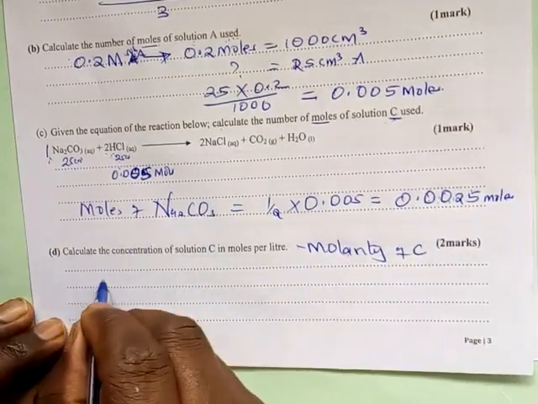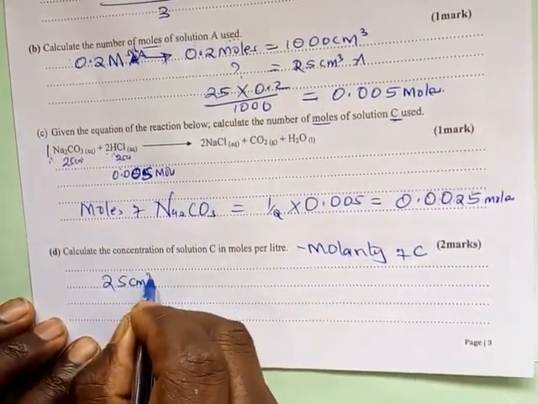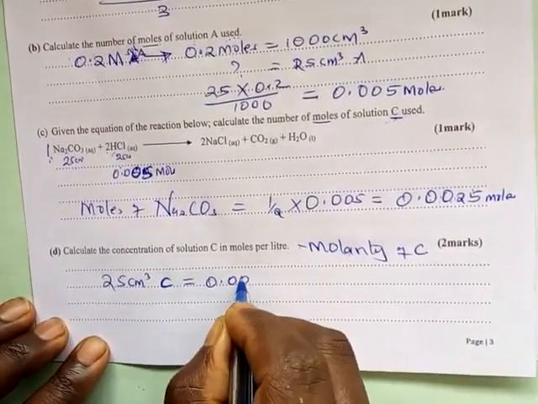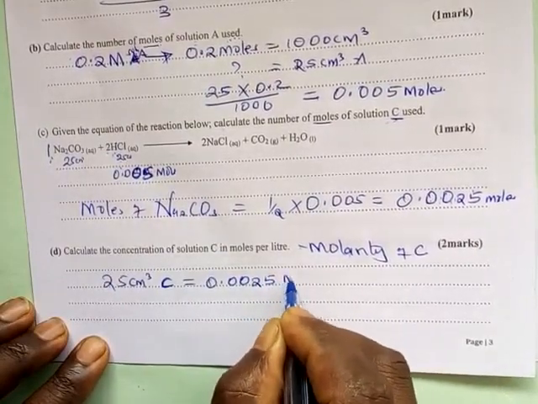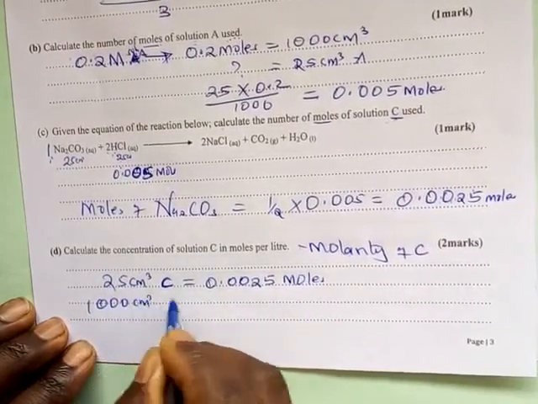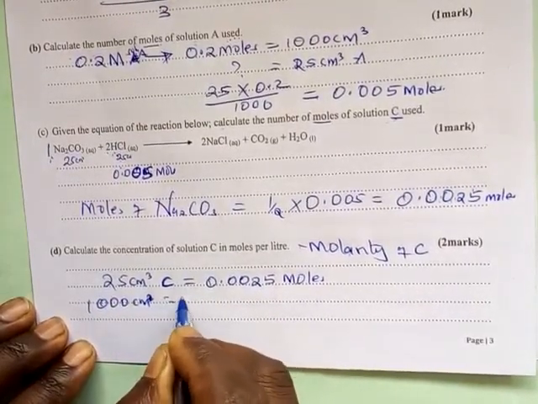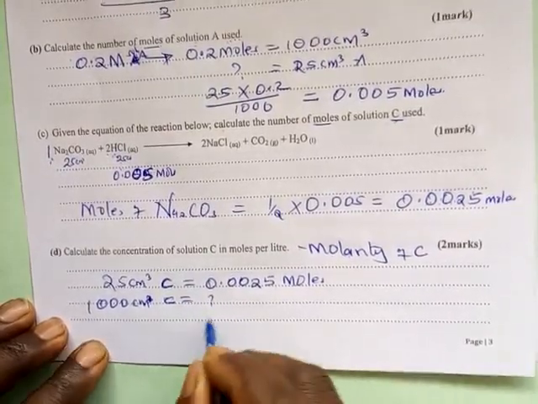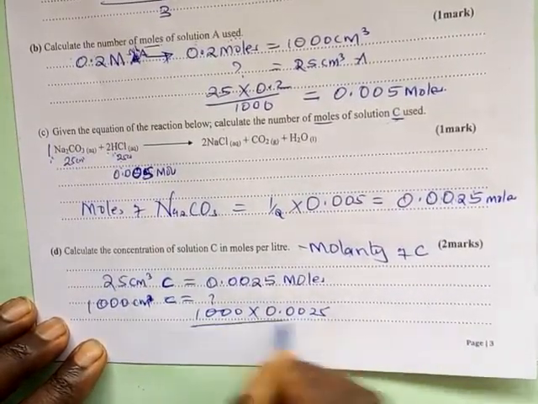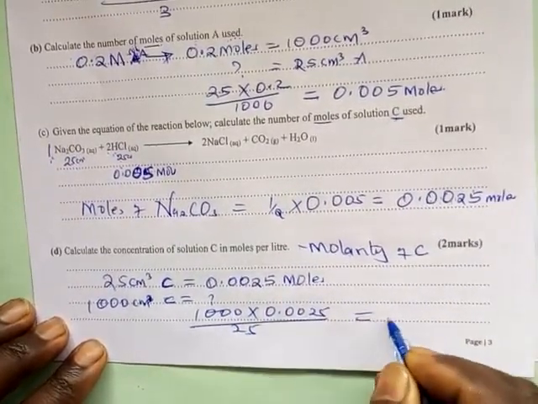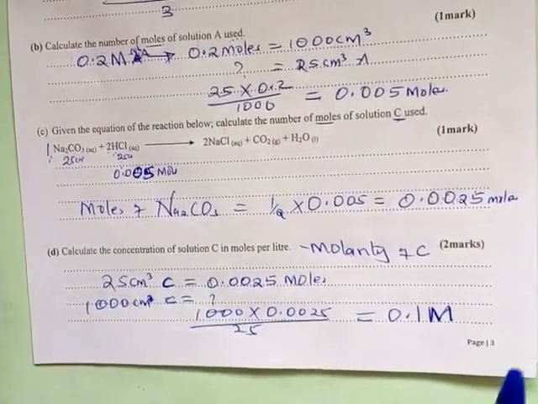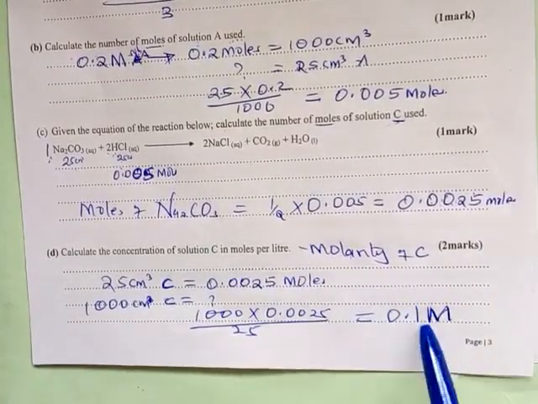That is molarity. 25 centimeters cube of solution C equals 0.0025 moles. 1,000 centimeters cube equals 1 liter. Solution C will be what? This will give you 0.1 capital M. That's the molarity of solution C, 0.1.